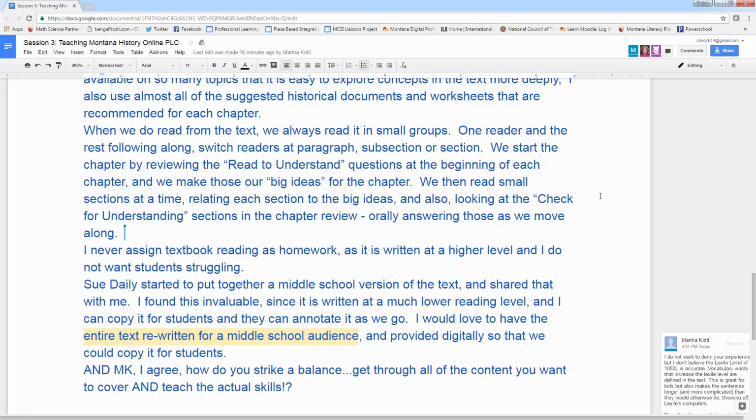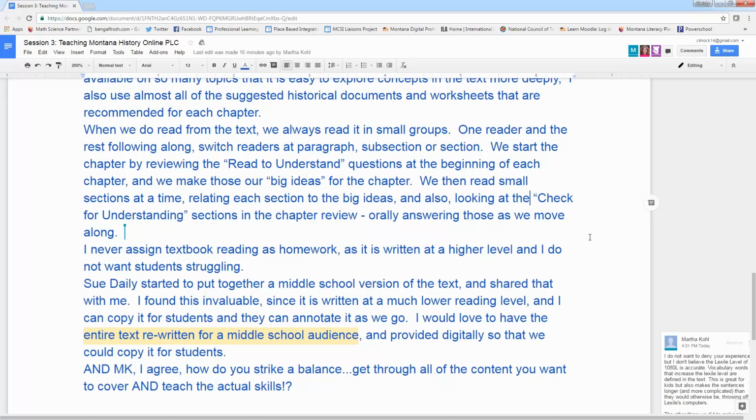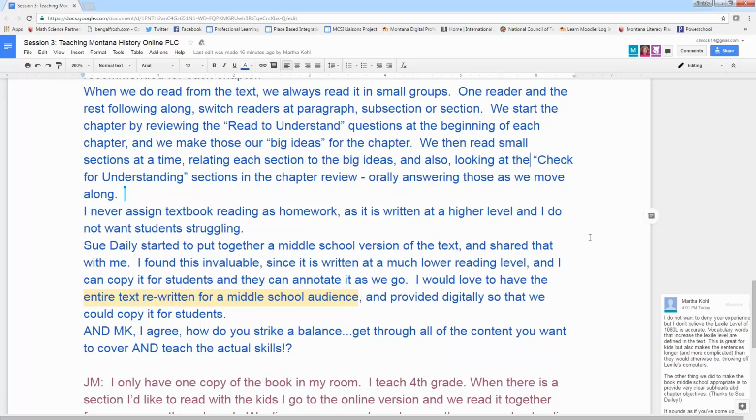I absolutely don't want to deny anyone's lived experience with middle school students, but I do want to note that people should base their feelings on their experience with their own students and not on an arbitrary Lexile level.